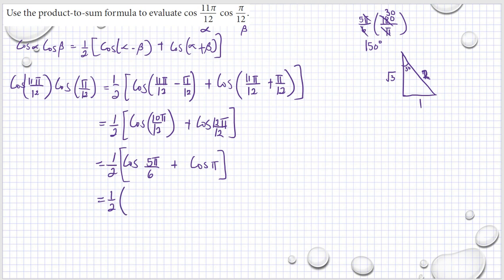So we have negative square root of 3 over 2 plus the cosine pi, that is negative 1. Then we have negative square root of 3 over 4 minus 1/2. So multiplied by 2 there, then we have negative square root of 3 minus 2 over 4.